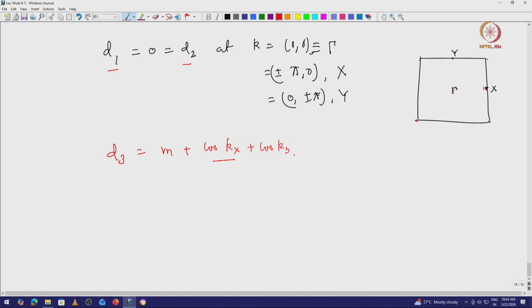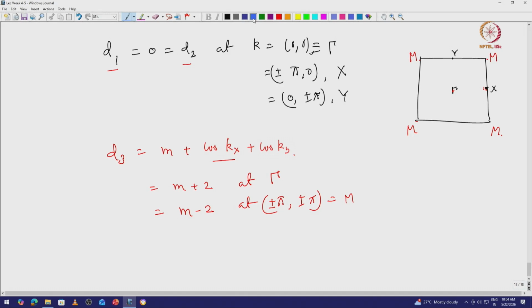So, obviously, the maximum value it takes will be equal to m plus 2 at the gamma point, and will be m minus 2 at plus minus pi, plus minus pi, which we denote by the m point. These are the m points, and these are the equivalent points. Okay. So, these are our main points, which are also called time reversal symmetric points, that we will study later.